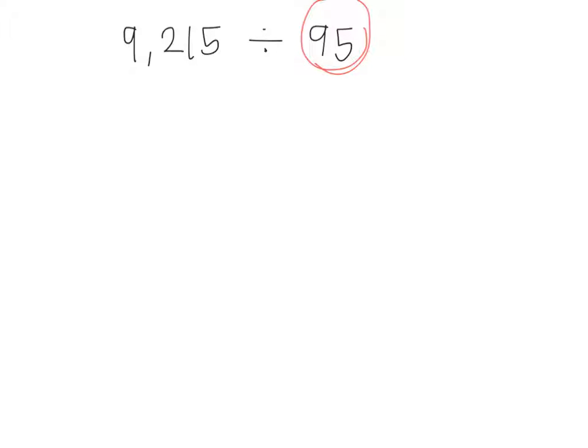But I'm curious, if I were to keep 95 as my divisor, is there a way I can round my whole, in this case, to be a math fact compatible with 95? Is there a whole that's pretty close to 9,215 that would allow me to do this math problem in my head, estimate it in my head, without even having to round the divisor?